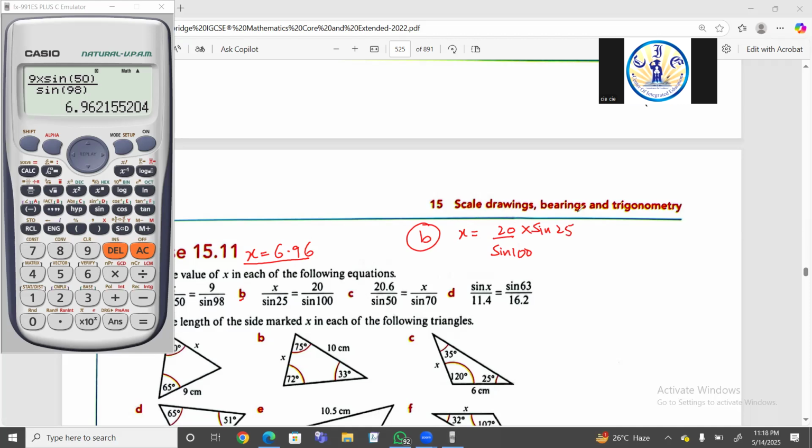So we can do it like this, using this fraction key, 20 times sine 25 whole divided by sine of 100. So the answer is 8.58.